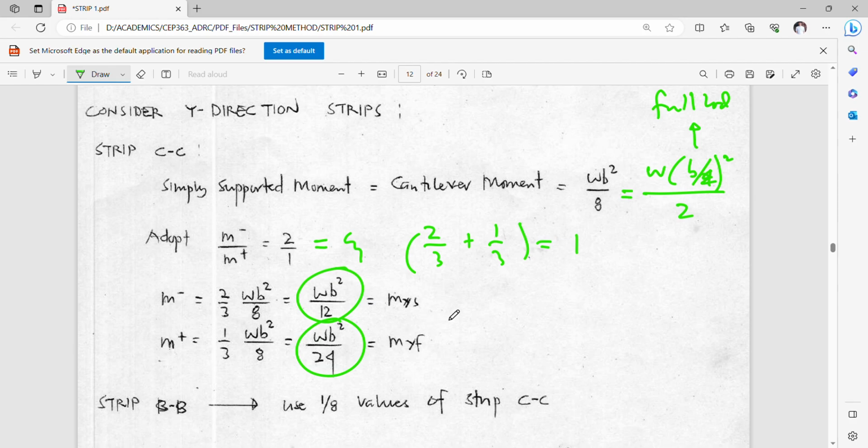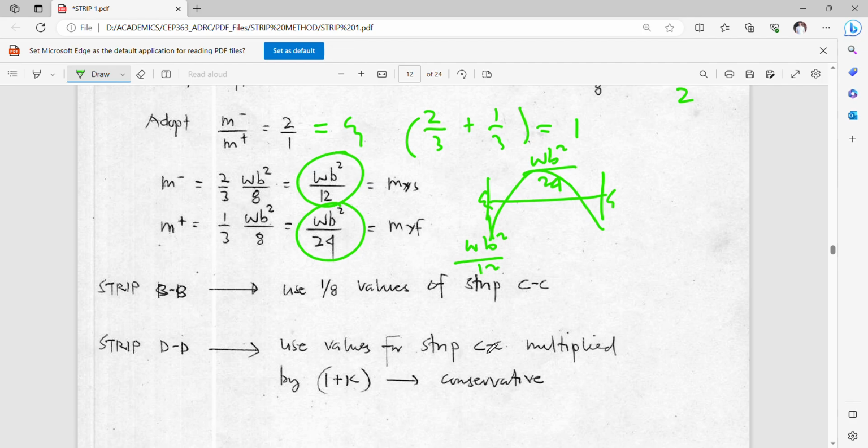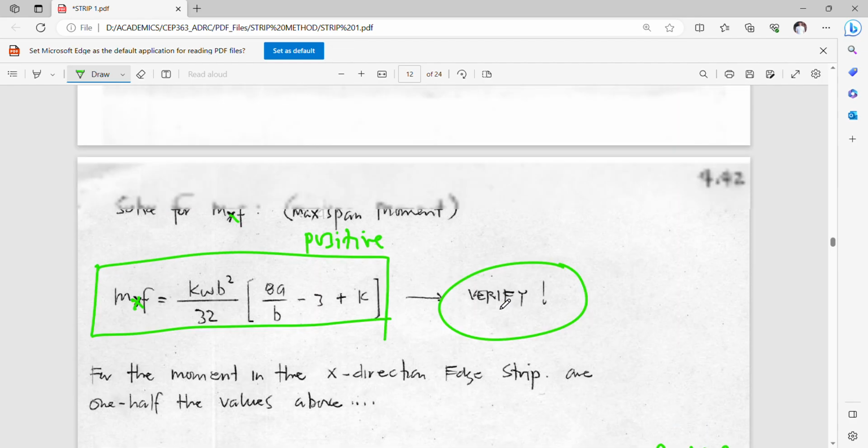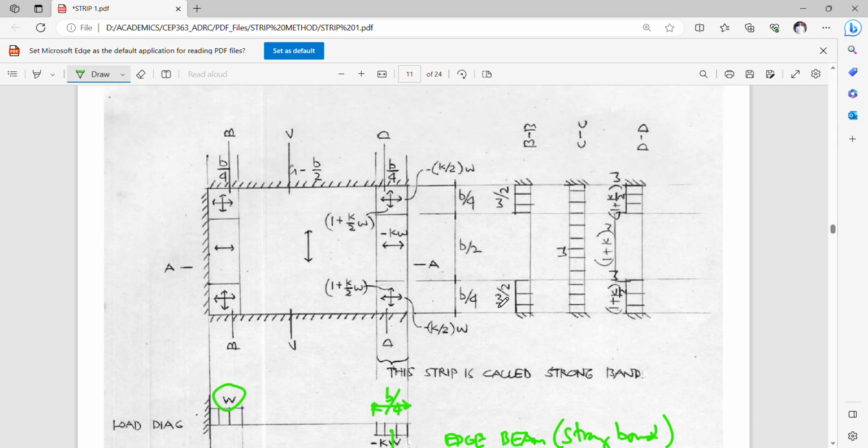So this is simply the same as a fixed moment diagram like this, where this is W B squared over 12 and this is W B squared over 24. Okay, it's just the same. So for strip BB, use 1/8 values of strip CC since we noticed that in this particular case there's no loading at the mid strip here, and this is B over 4 W over 2.